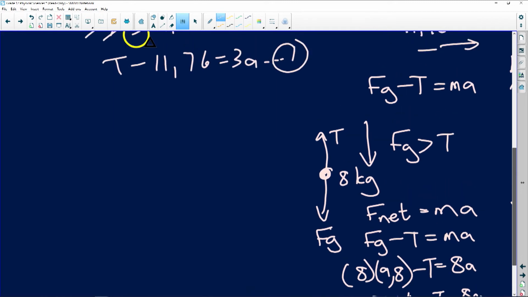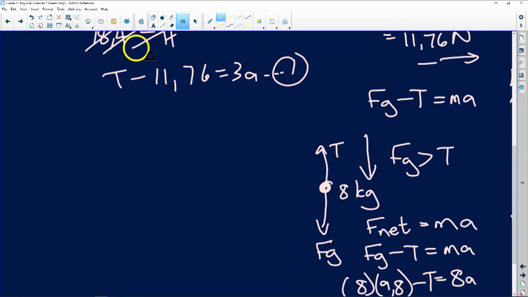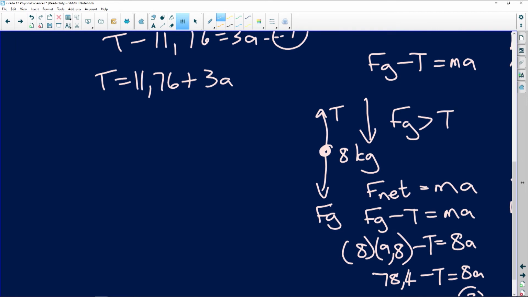So what we're going to do now, we're going to add the two together. So we've got T minus 11,76 is equal to 3a. If you wanted to, you could also make T the subject of the formula. So it doesn't really matter how you do it. There's lots of ways of doing it. But let us do that. So T is equal to 11,76 plus 3a. And we're going to sub it into this equation.